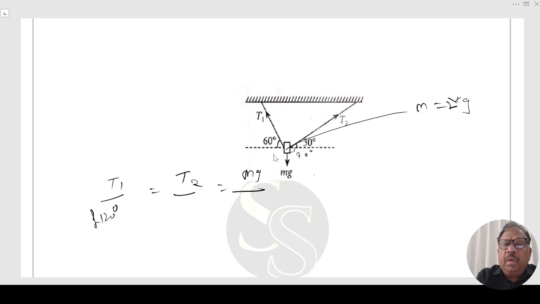T2 comes out to be 90 plus 60, 150, sin 150 degrees. And the weight mg, this is 180 linear, so the angle comes out to be 90 degrees, so sin 90 degrees. Right?